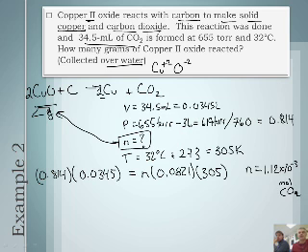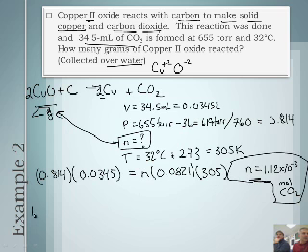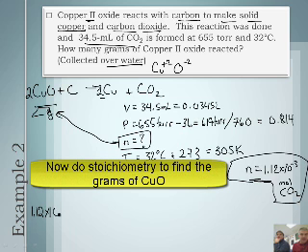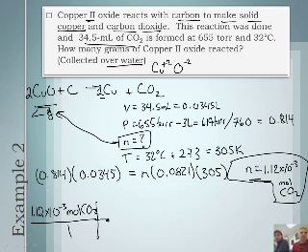Carbon dioxide, I knew that. Okay, so this is my starting number I'm going to put in my stoichiometry: 1.12 times 10 to the minus third moles of CO2. Now I want to go from moles of one substance to grams of another.